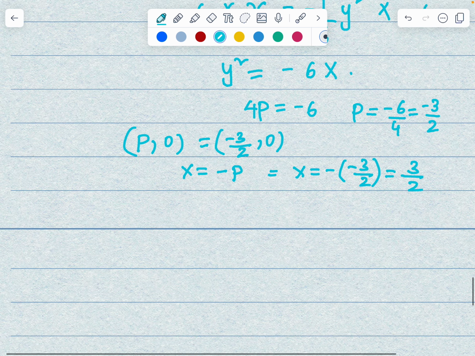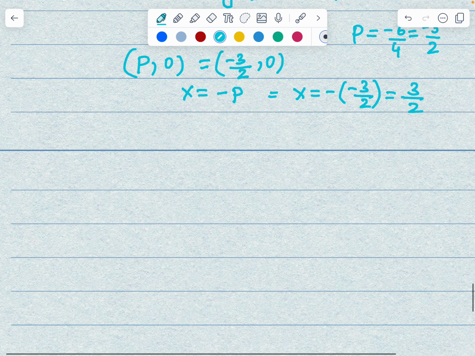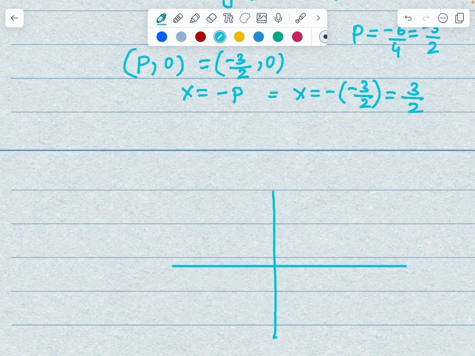So in this case, the way I would do it is I'll draw my coordinate plane. I have x, I have y, and then remember my directrix is x is equal to 3/2. So somewhere here, right? I don't know if this is 0. I'm going to say 1, 2, 3, and 3/2 is like 1.5.